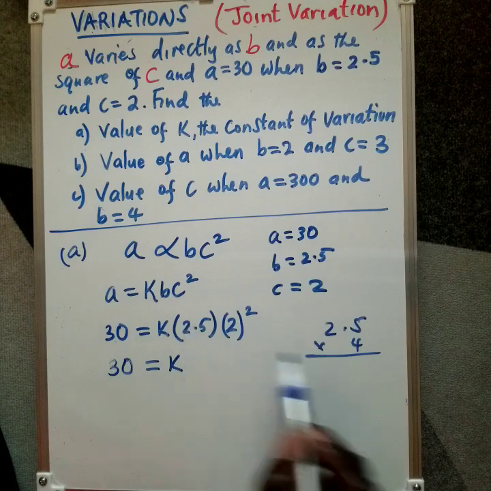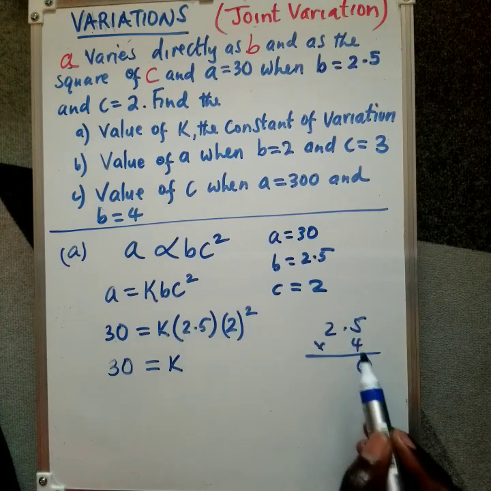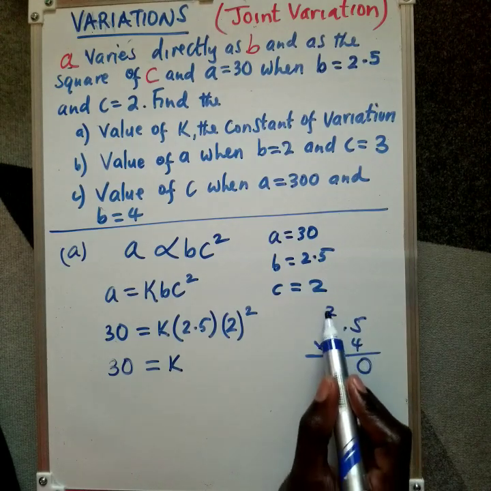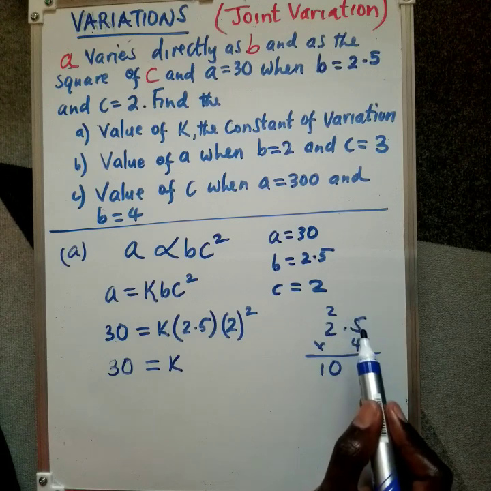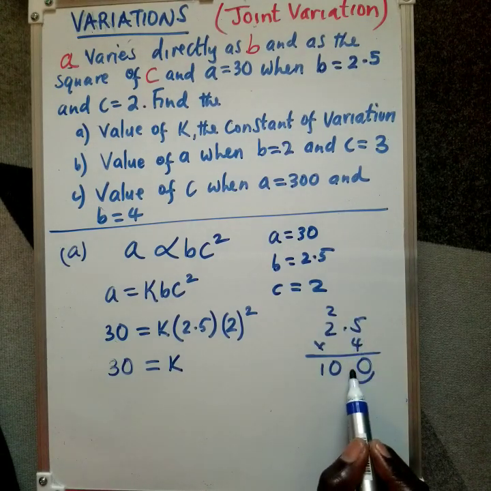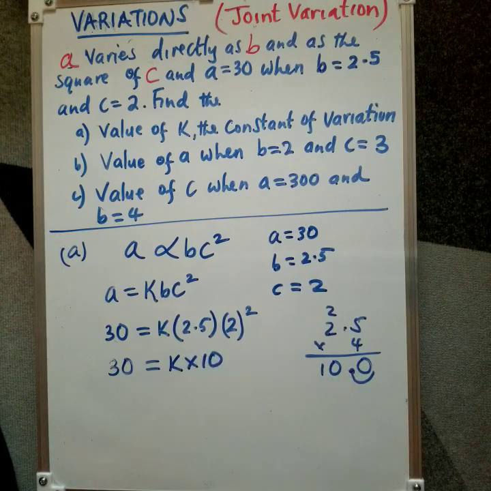So 4 multiplied by 2.5. Remember, 4 times 5 will give you 20. So you write a 0, carry a 2. 4 times 2 is 8 plus 2, that will give you a 10. Remember that the number on top is to 1 decimal place, so you move to your right, meaning that the value there is just going to be a 10.